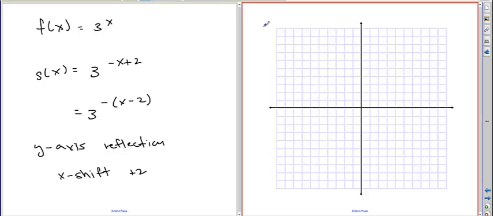Okay, so we're going to plot the parent function, which is, again, all exponential functions go through this point 0, 1. Then we go 1, 3, because it's 3 to the first power, 3 to the second power. 1/3 is 3 to the negative 1. 1/9. Okay, so that's our parent function.